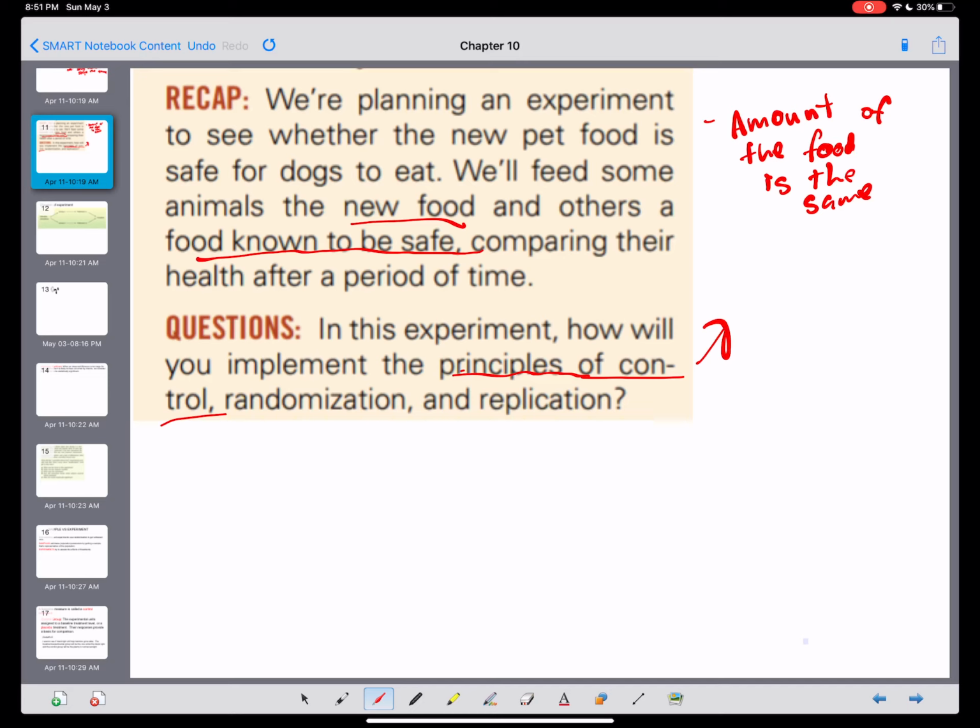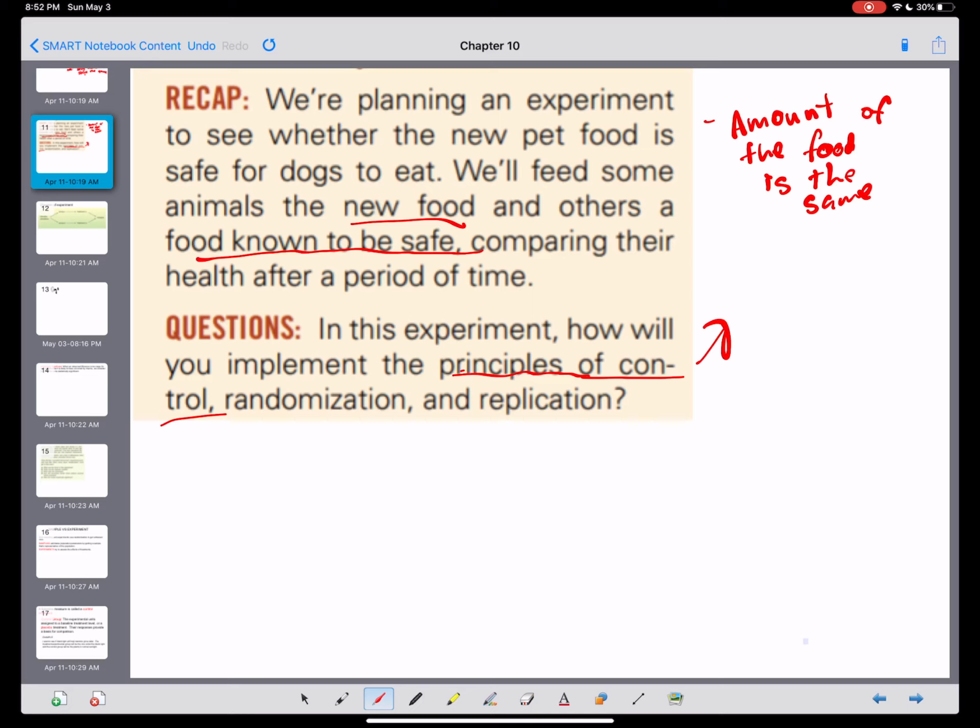You don't want to give one group more food than the other, because then that can change up your experiment. If you give one group more food, maybe they're more unhealthy because they get more food, and that's the result of that. So to take that out, we're going to make sure that they're the same.